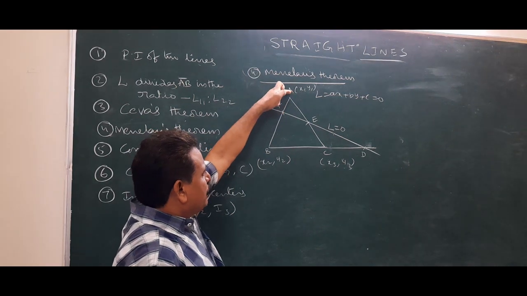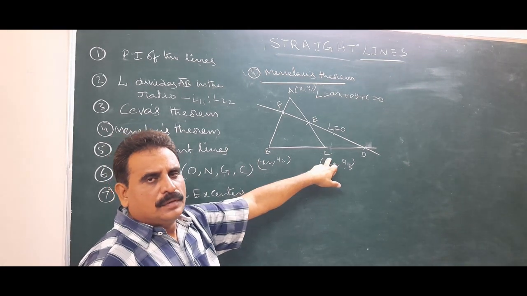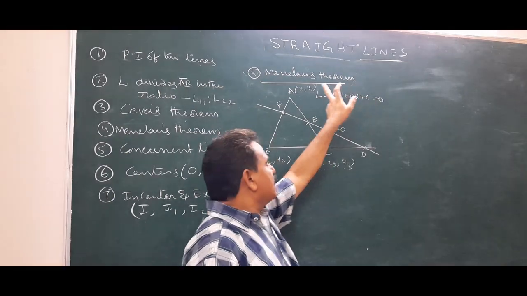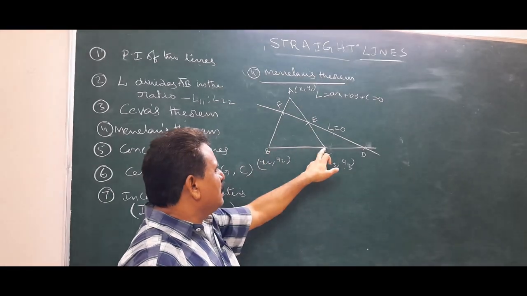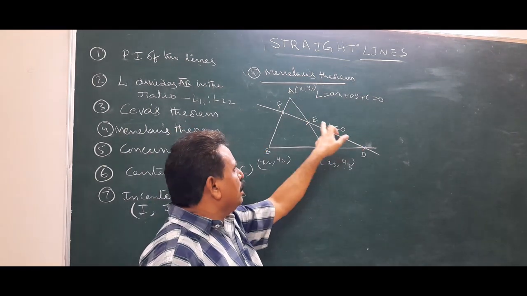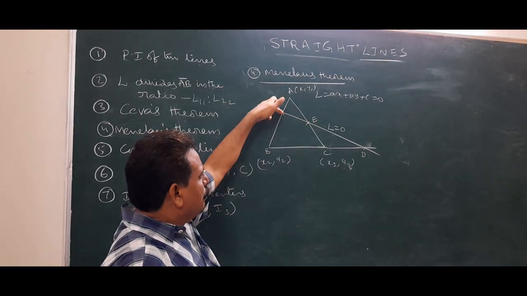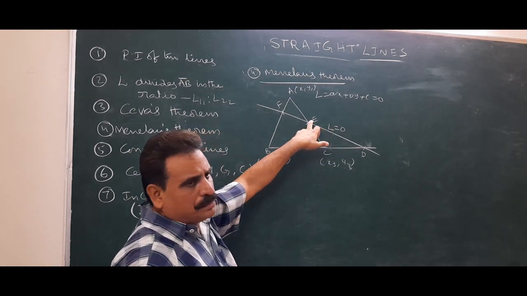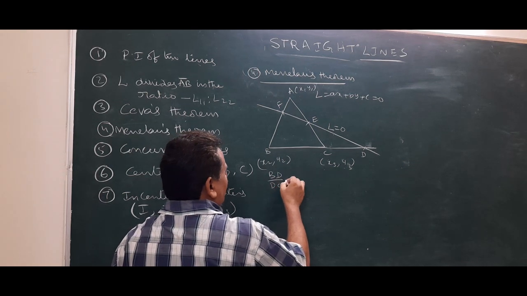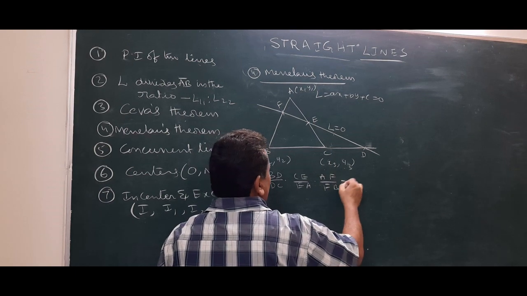In triangle ABC, with vertices A(x1, y1), B(x2, y2), C(x3, y3), a transversal L, ax plus by plus c equal to 0, cuts the three sides AB, BC, CA in the points F, D, E respectively. Then BD by DC into CE by EA into AF by FB equal to -1.